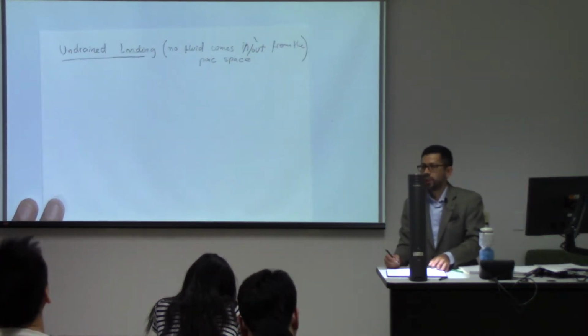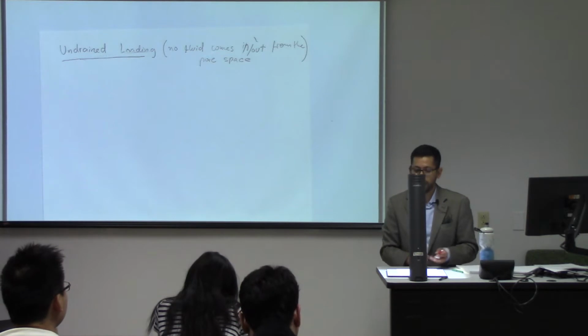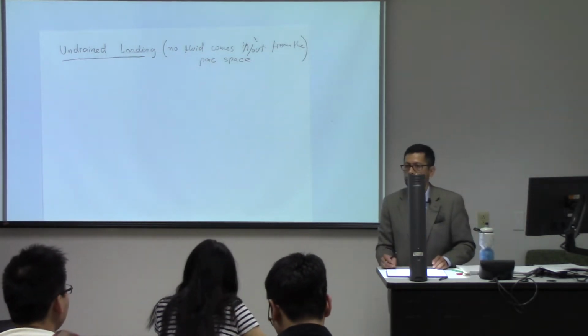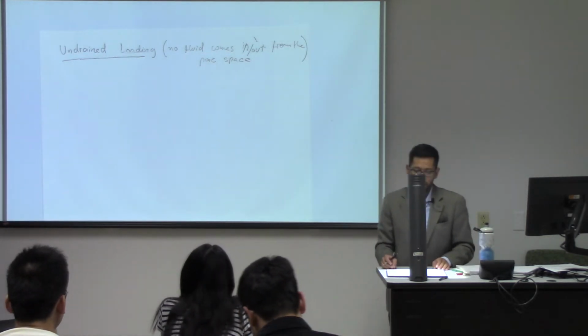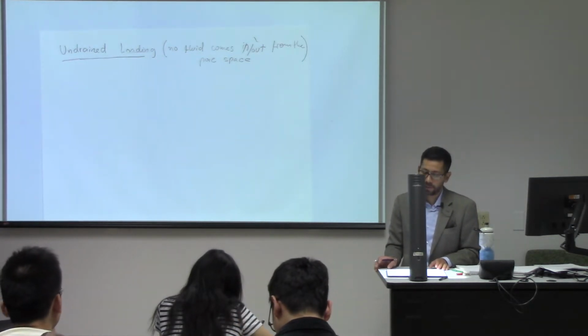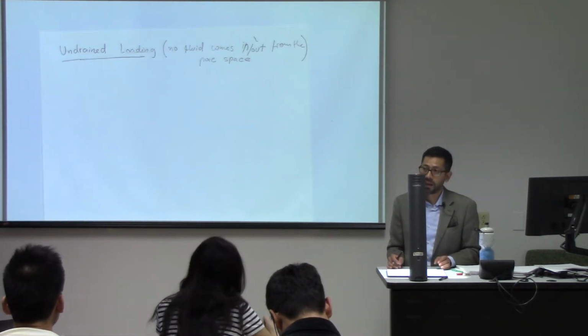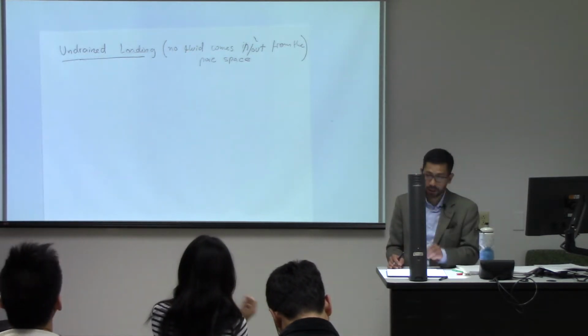This is mostly a theoretical condition because many times it's almost impossible to maintain a perfect undrained loading. And we'll discuss that a little bit later, but theoretically you could do something like that. It's going to be useful to derive some parameters.